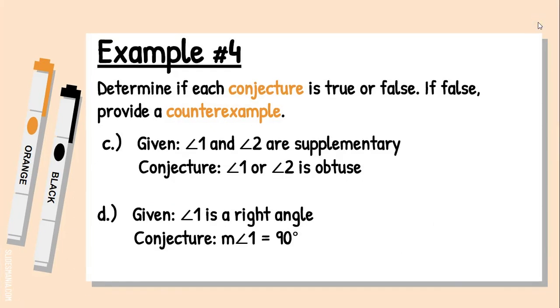And our last two examples. The same thing. Determine if each of these conjectures is true or false. If it's false, we're going to provide a counterexample. So example C says, given that angle 1 and angle 2 are supplementary, our conjecture is that angle 1 or angle 2 is obtuse.